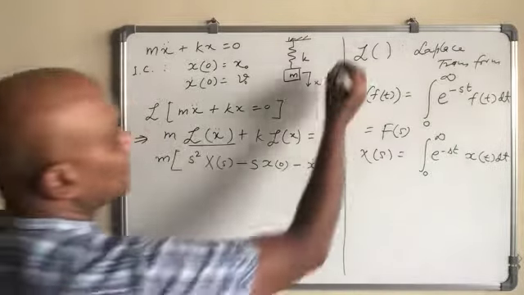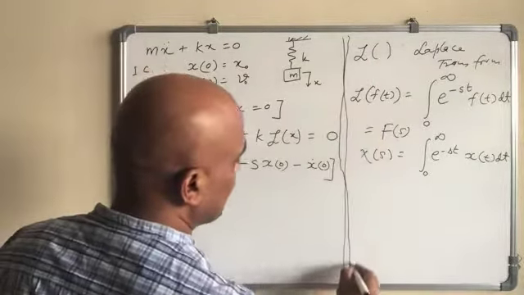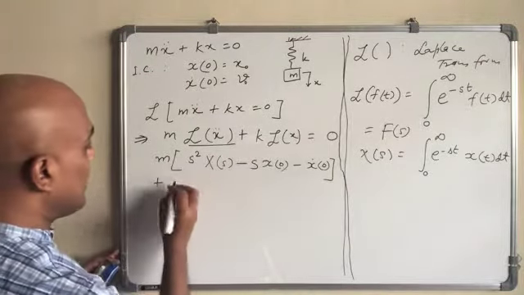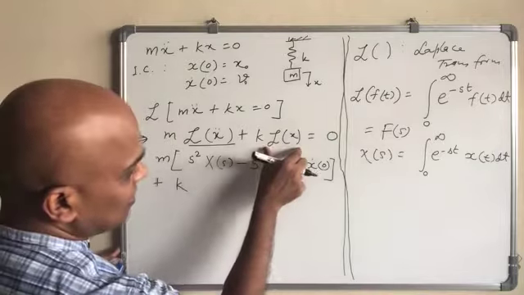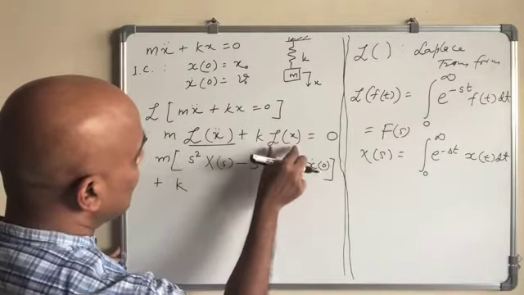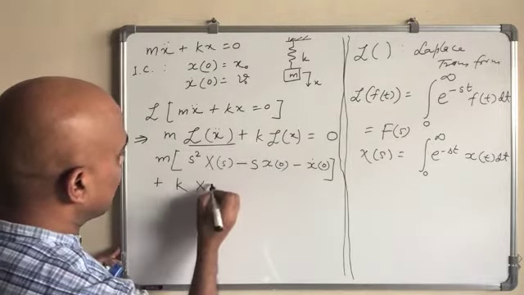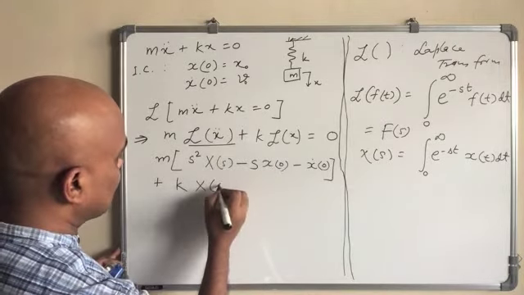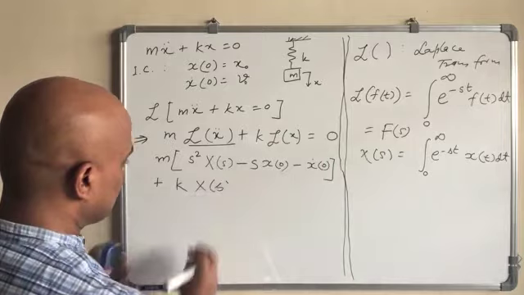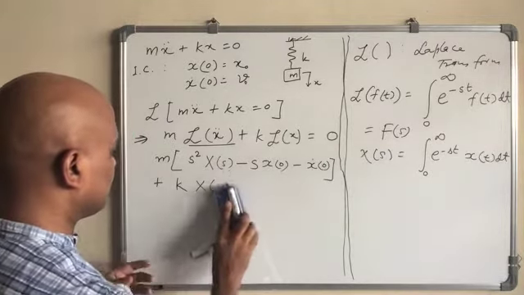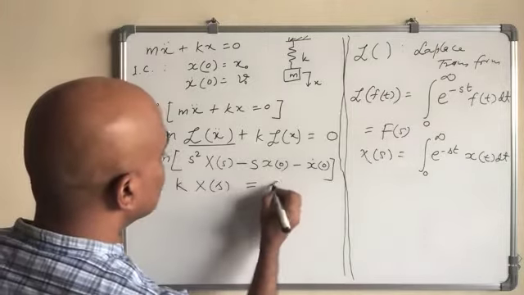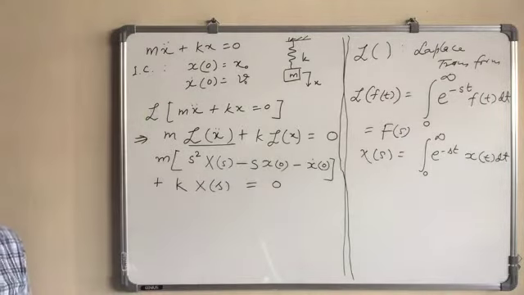Writing everything on this side, then plus k times the Laplace transform of x only, and you know that this is nothing but X(s) only, and this is equal to 0.